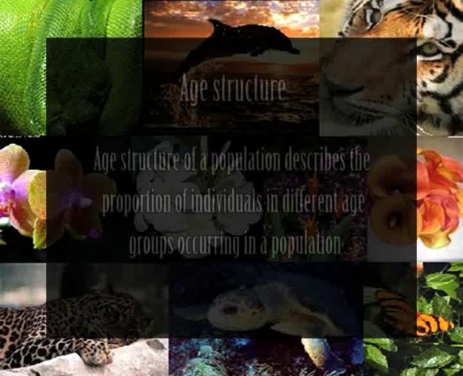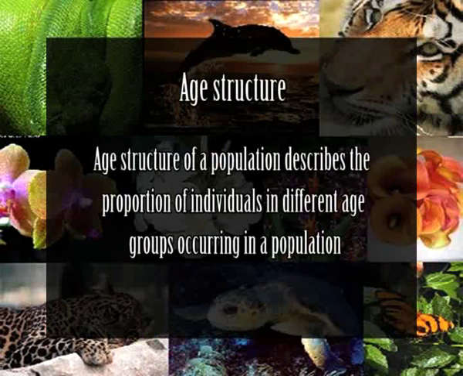Now, the second important secondary characteristic of a population is the age structure. Age structure of a population describes the proportion of individuals in different age groups occurring in a population. Generally, a population is divided into three age categories: one pre-reproductive, second reproductive, and the third post-reproductive.